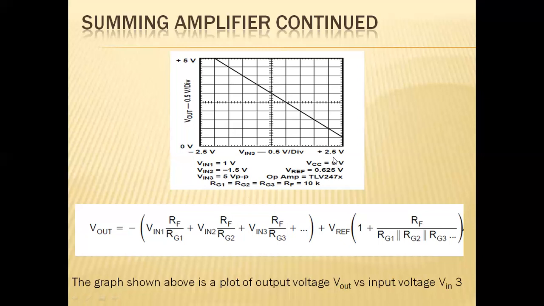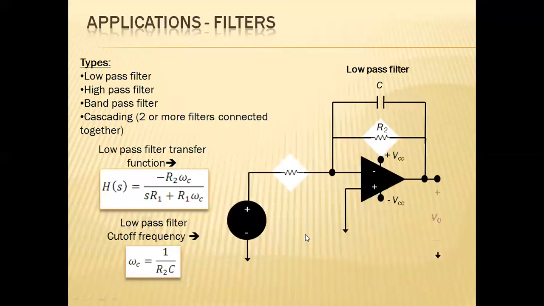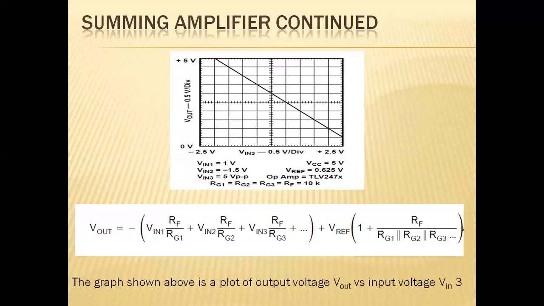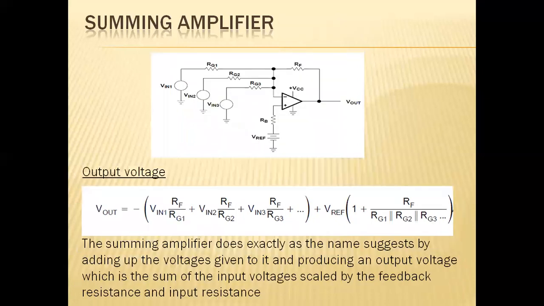The corresponding output has been scaled off to 5 volts as the maximum range, and here the reference is characterized towards 0.625 volts. This is the factorial representation, having the scaling factor upon the given input reference voltages to the resistances.